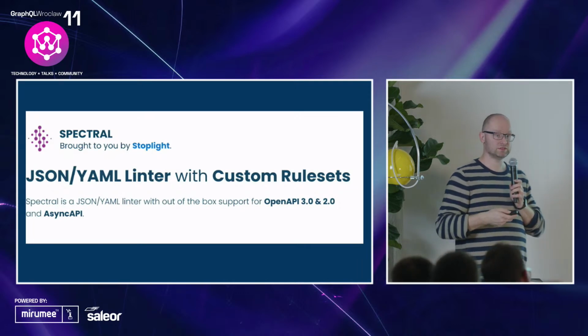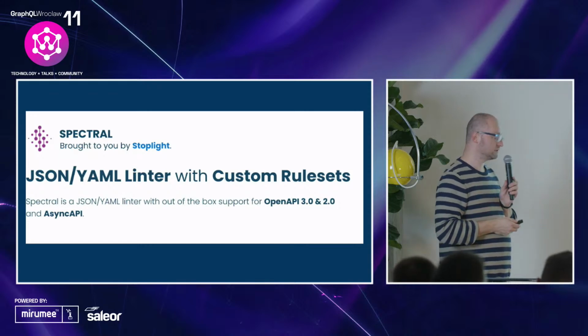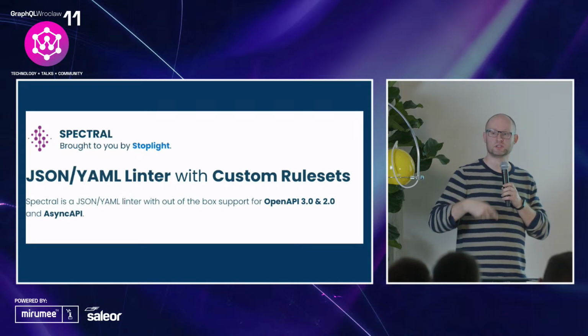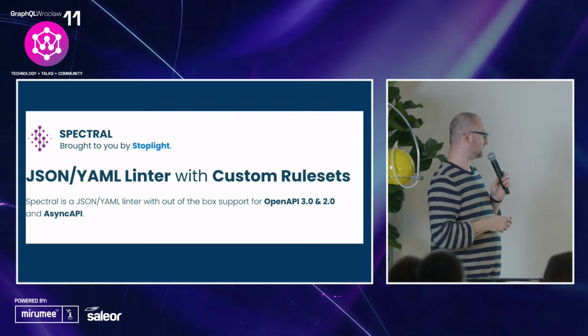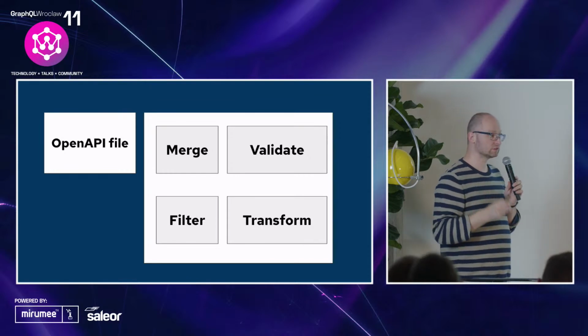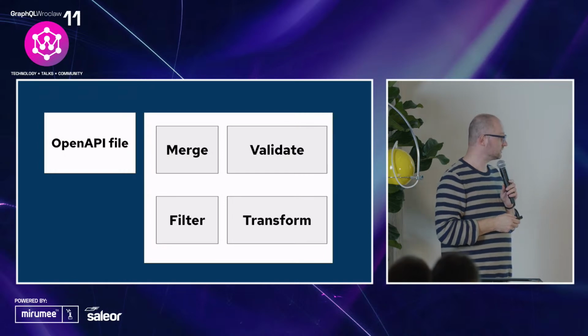I use that daily to write additional rules for the issues we see. It's very useful when we run it on a PR level. So if someone adds new functionality to the backend, we can run that as well. So we have all our tools in the right place. So we can merge, validate, filter, and transform.